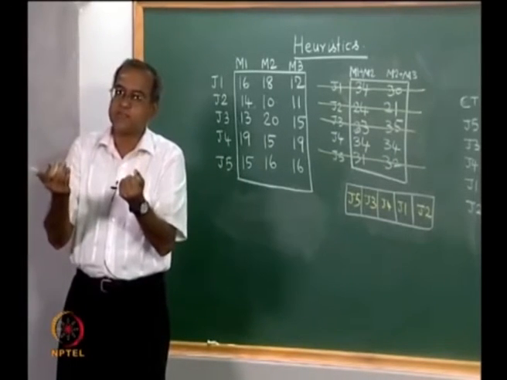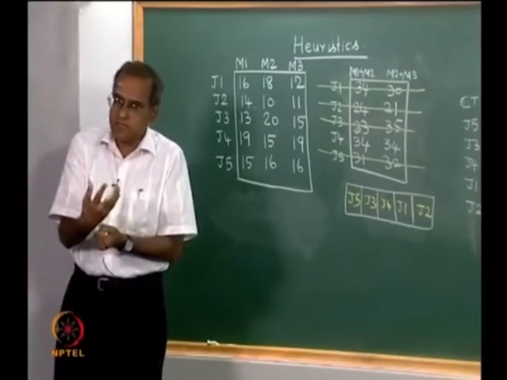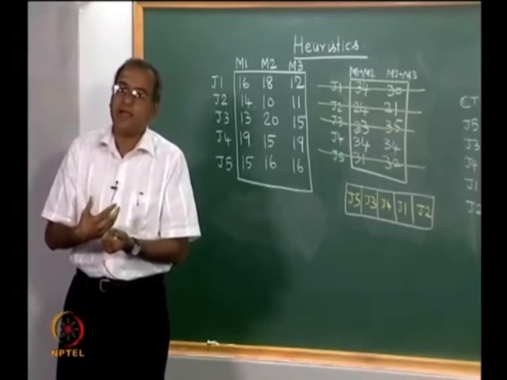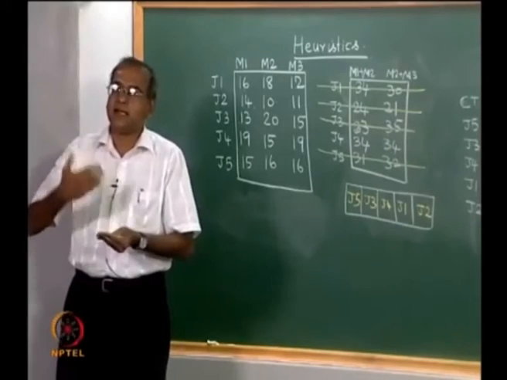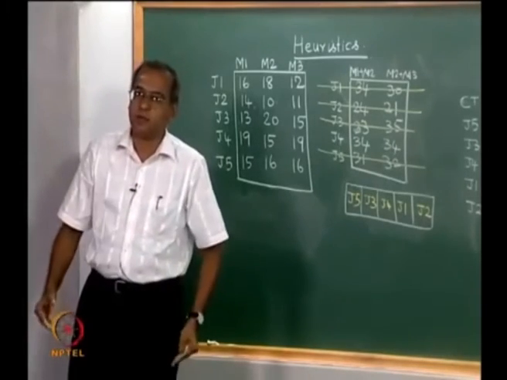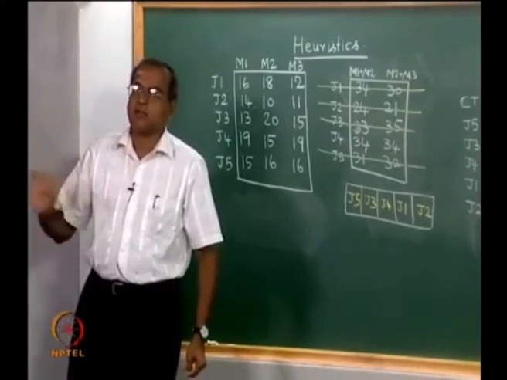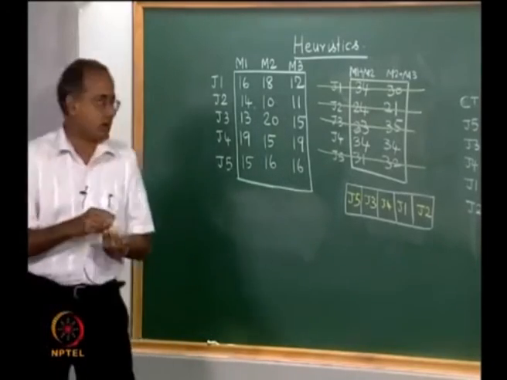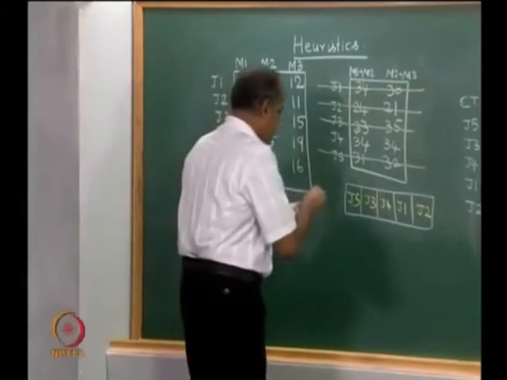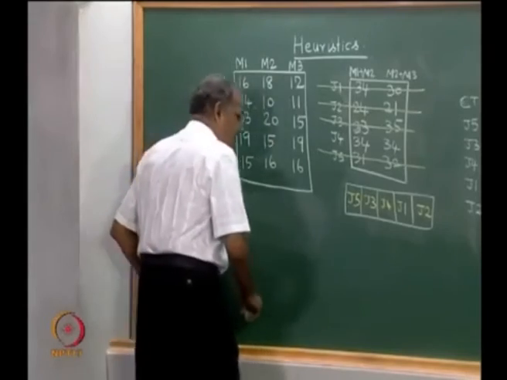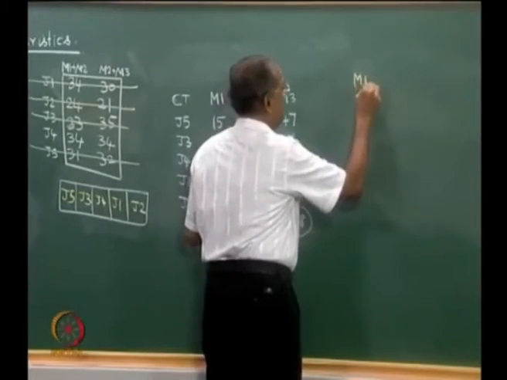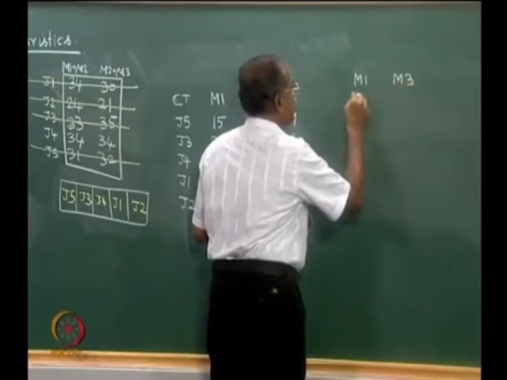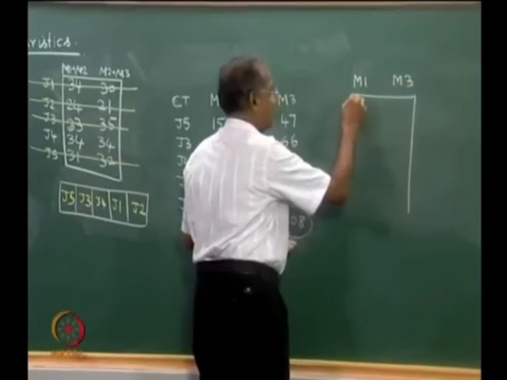So nothing prevents us from actually using the Palmer idea again into it and take only M1 and M3 and try and get an equivalent 2 machine Johnson problem and apply the Johnson's algorithm on it. So right now we will look at only M1 and M3, let us formulate another 2 machine problem with this.